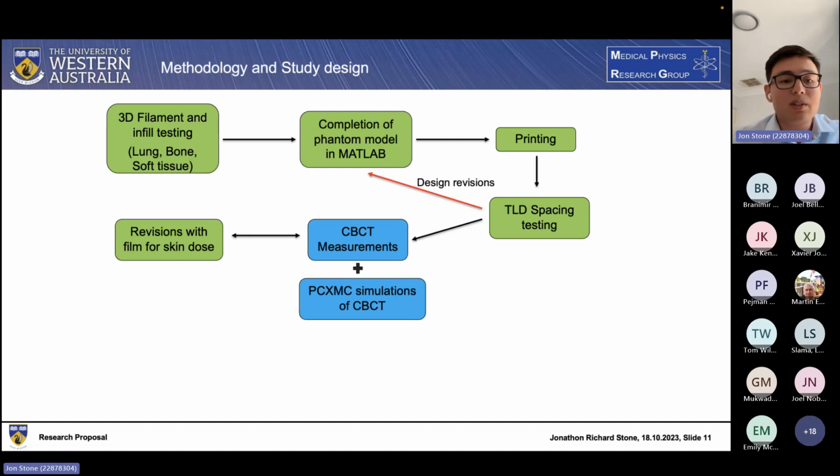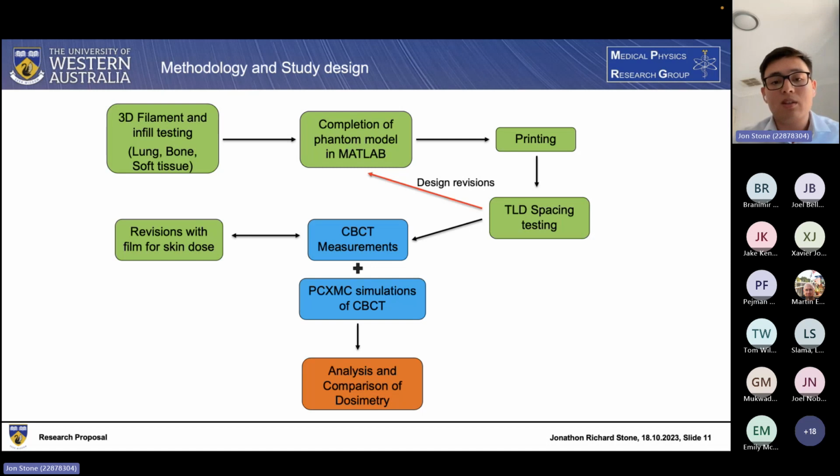And then if time permits, we'll do some revisions with film for skin dose measurements. And then we'll probably just add some film or maybe cut out some areas for film. And then once that's all done, we'll do an analysis and comparison of the dosimetry between the printed Christie phantom and the PCXMC simulations.